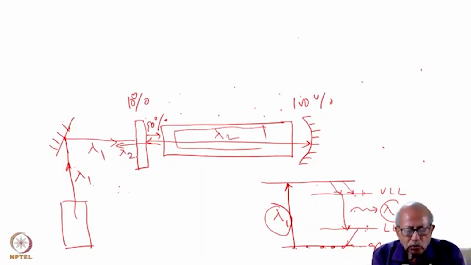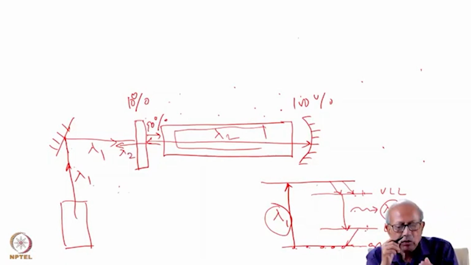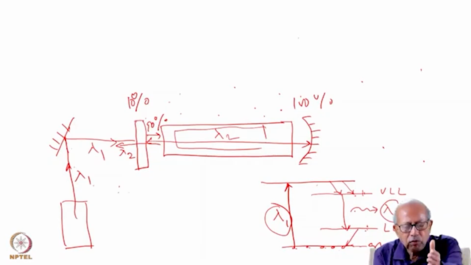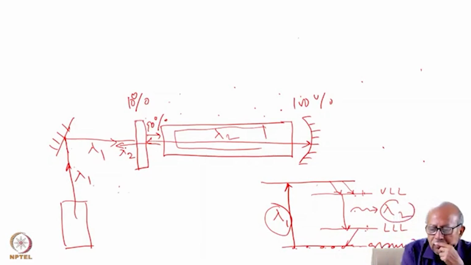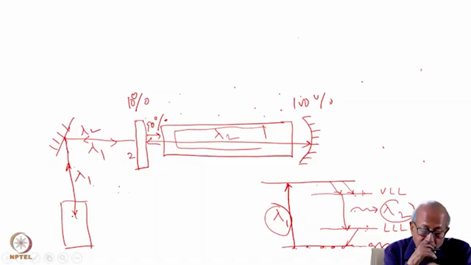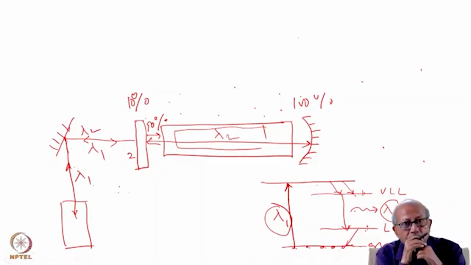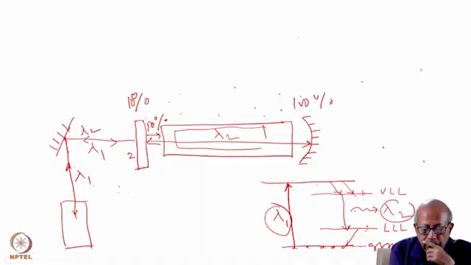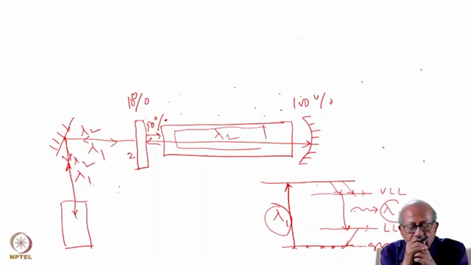But how to tap it out? Because you have to take this beam for some application. See, this lambda 2 would otherwise be reflected by this and travel right into this pump laser, which may be actually quite harmful for the optics of the pump laser. But the issue is how we will tap out this beam. You cannot.